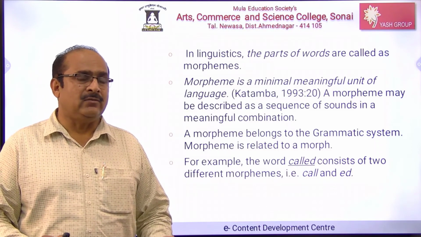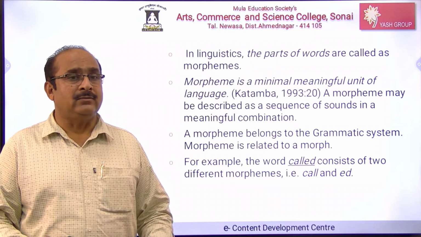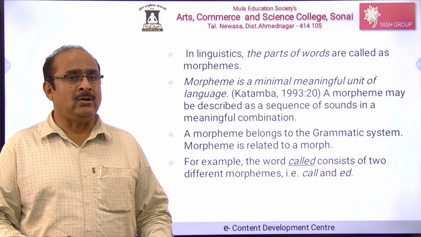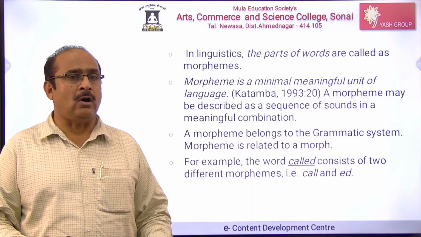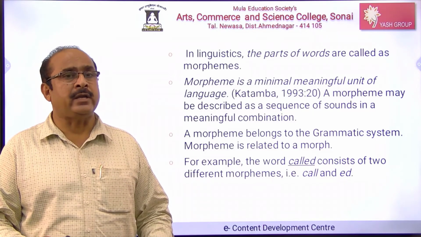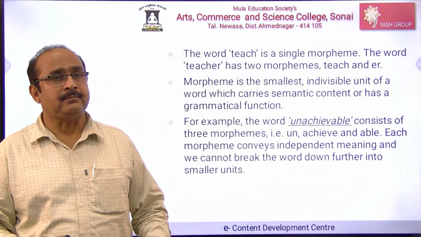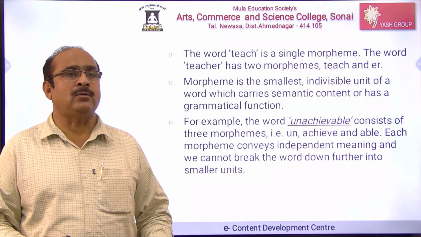Because the word call has a significant meaning, the morpheme ed may not have one by itself, but when we add it to call, it changes its time, it changes its tense, and that's why the morpheme ed has a certain kind of meaning. The word teach is a single morpheme.